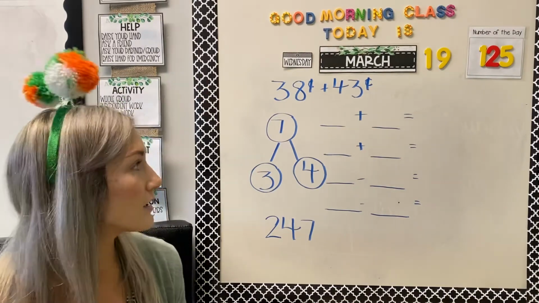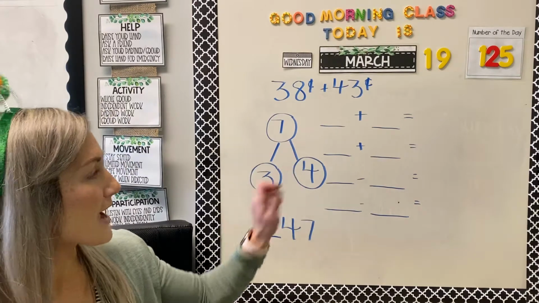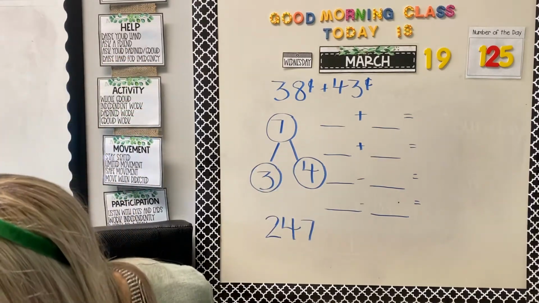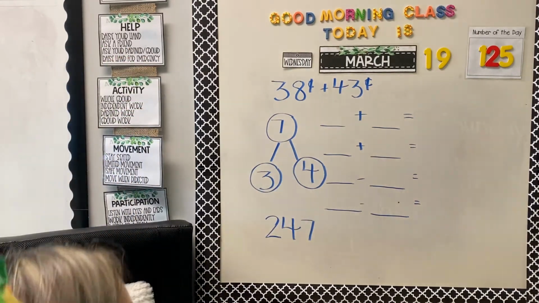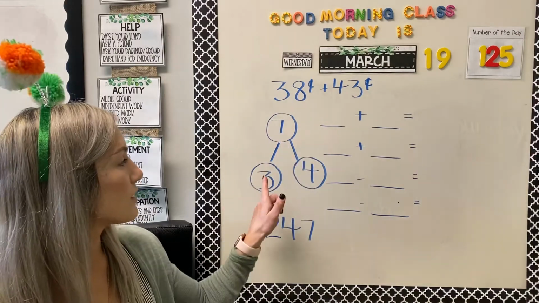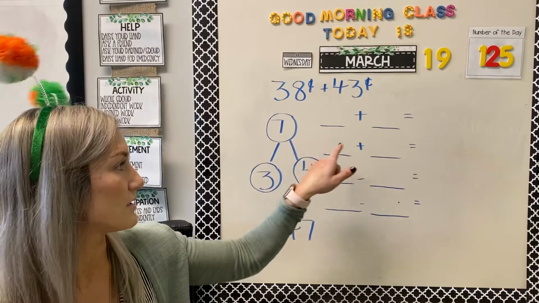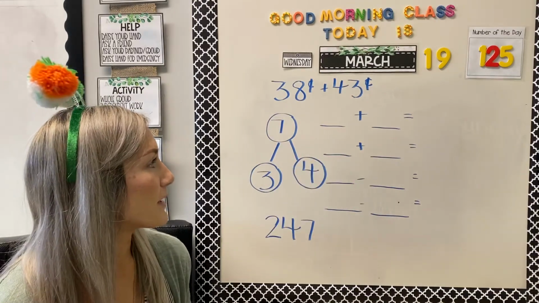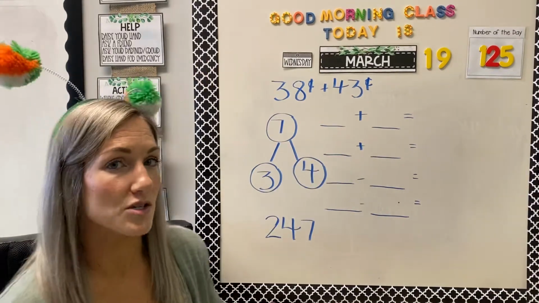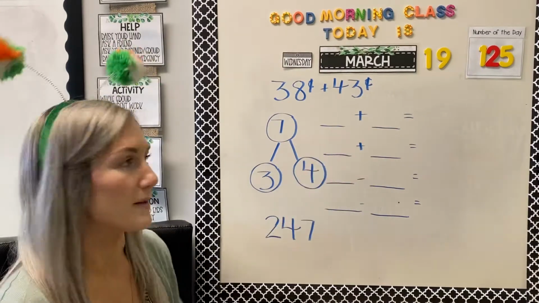Now let's work on our fact families. Let's do a fact family for the numbers 7, 3, and 4. So when we do our fact families, let's start with our addition. Let's remember that when we do our addition, we can put it in one order and then we can flip it.